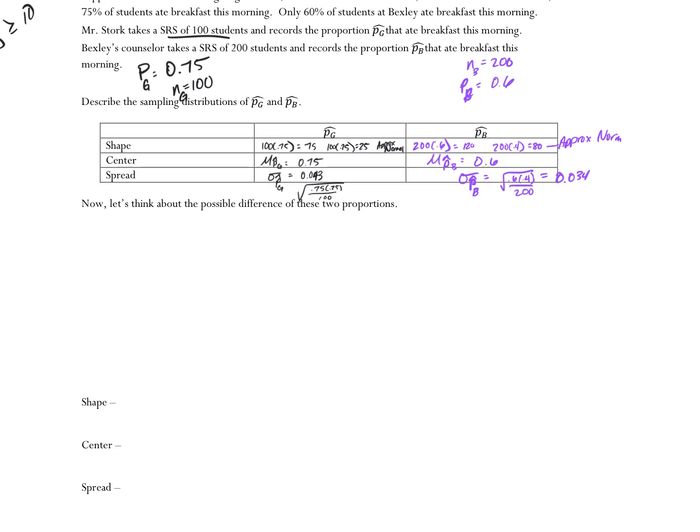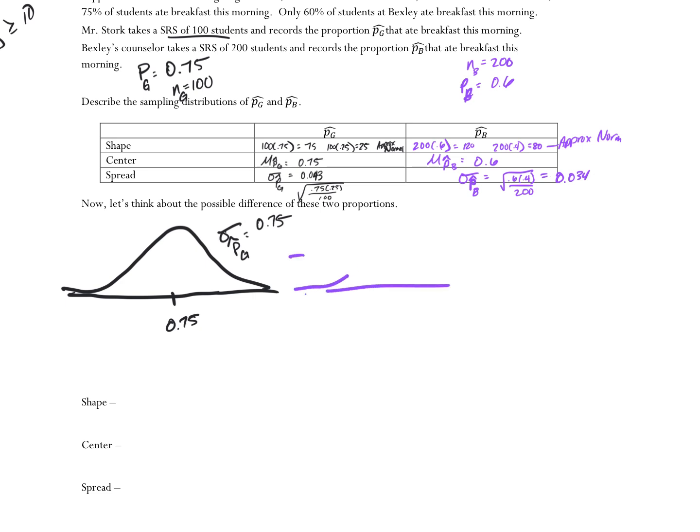I want to draw a quick picture of what's going on here. So here are my Grandview p-hats, and what I'm going to do is take away the Bexley p-hats. But what does that really mean?